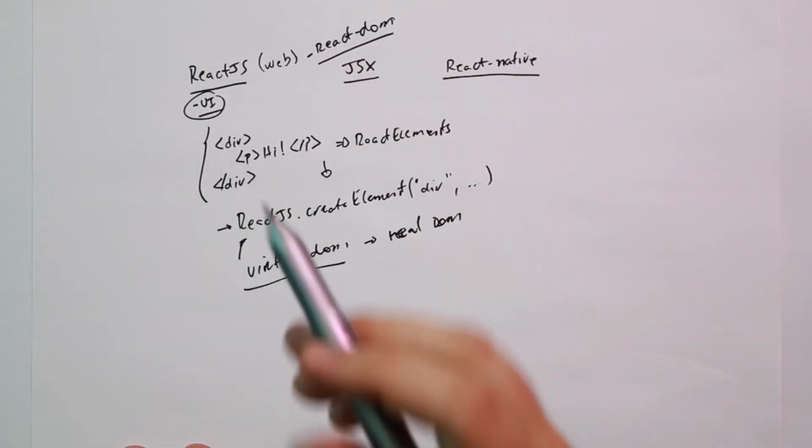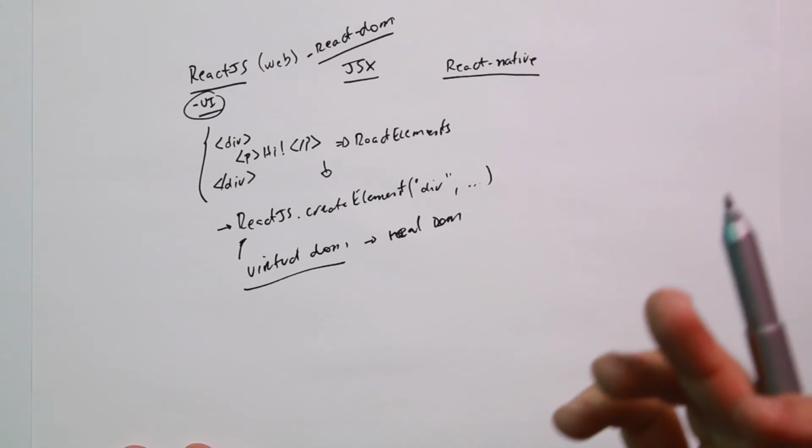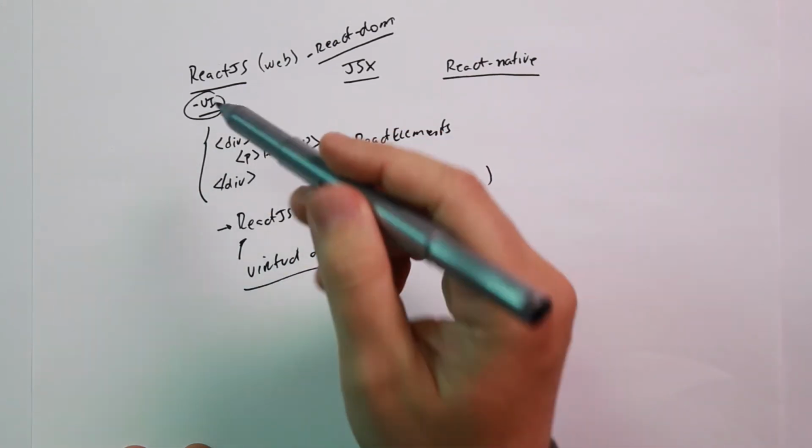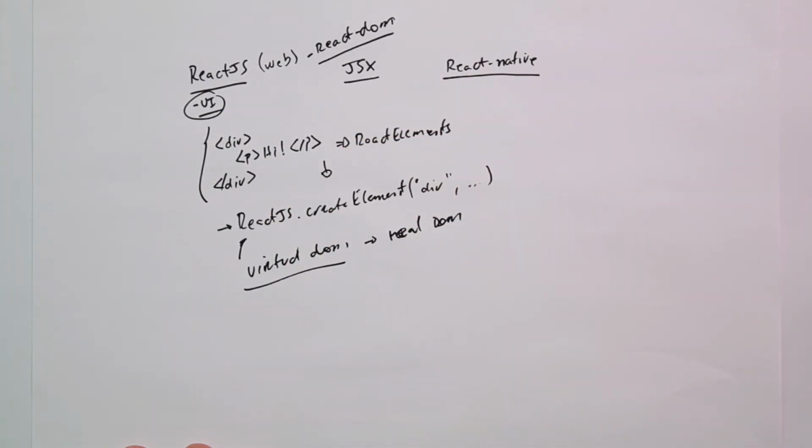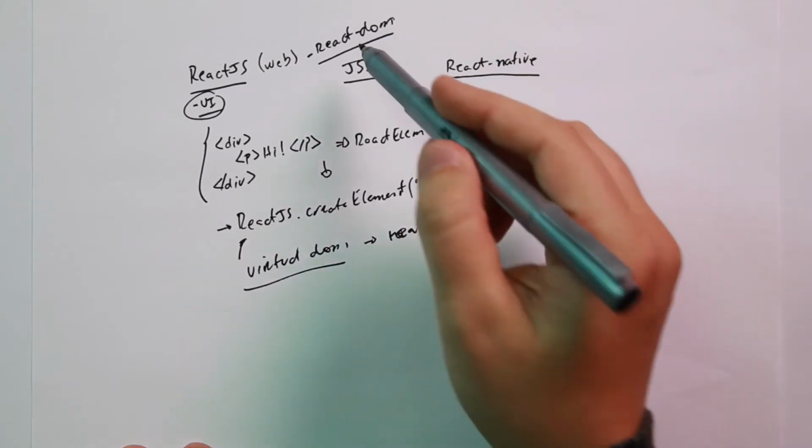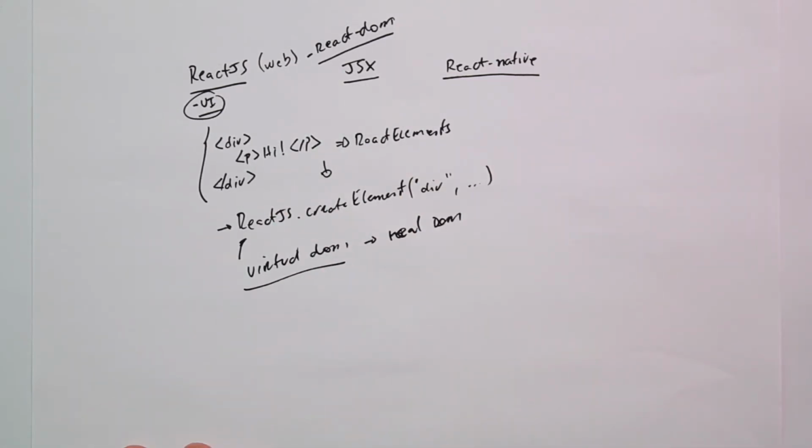Usually we talk about ReactJS as being the web version, but in fact, we have React and React DOM. React is just the way the UI will look, and we have React DOM that gets this virtual DOM or this representation of the UI and writes it to the real DOM or to the browser.